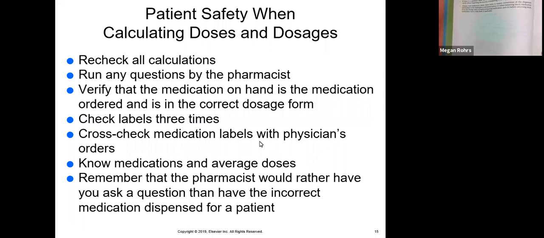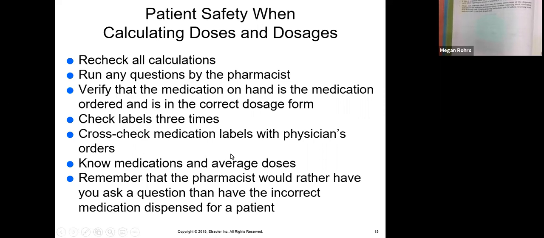Just for some patient safety, always recheck all of your calculations. Always ask yourself if your answer makes sense. Like I said earlier, ask questions. It's better to ask than to make a med error. Check your labels 3 times when you're pulling those drugs.